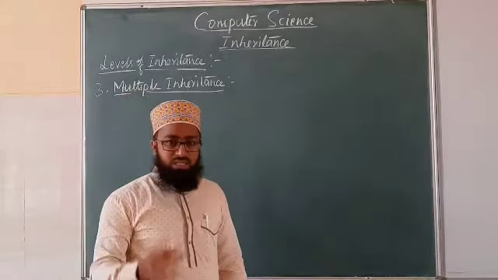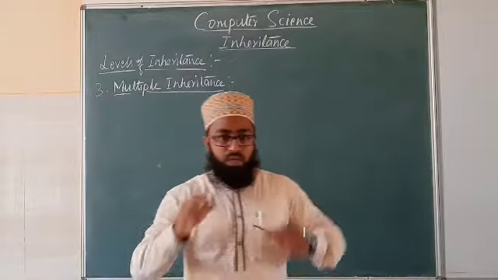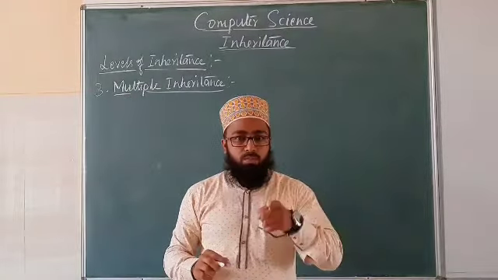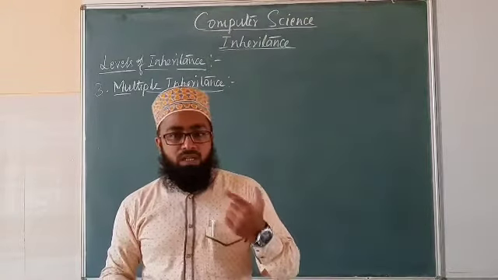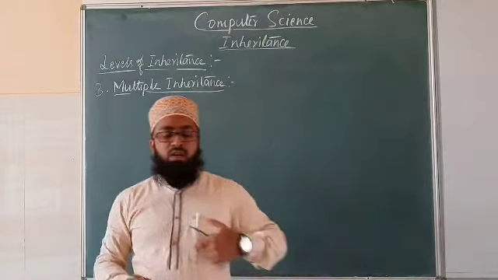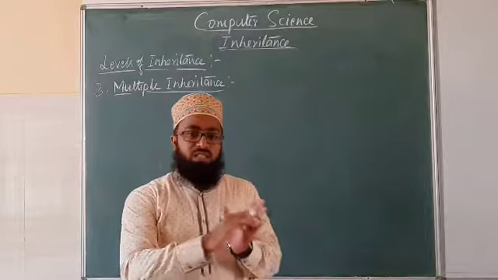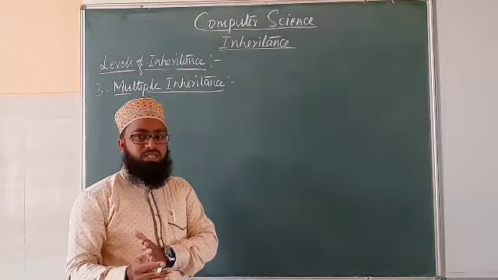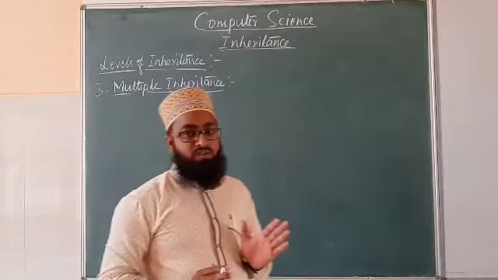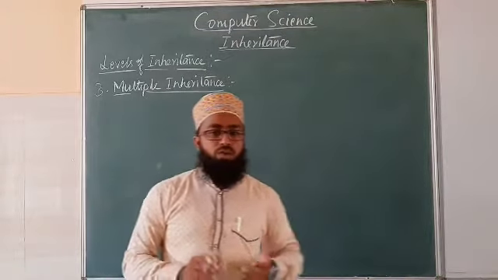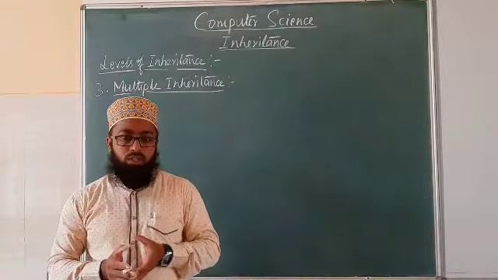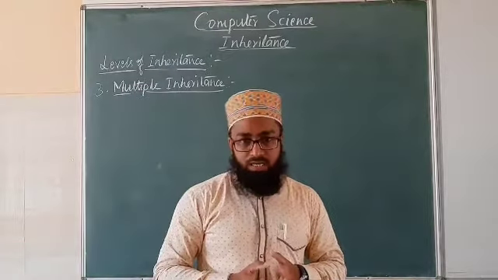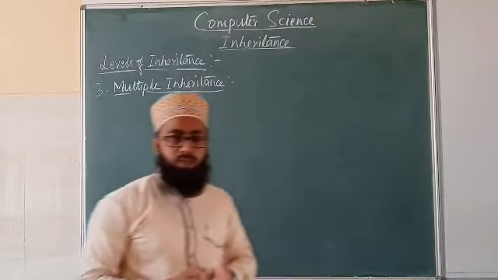Single inheritance is the one in which a class is derived from just one base class. Multi-level inheritance is the one in which a derived class is inherited from one more derived class. Now we are going to discuss multiple inheritance.